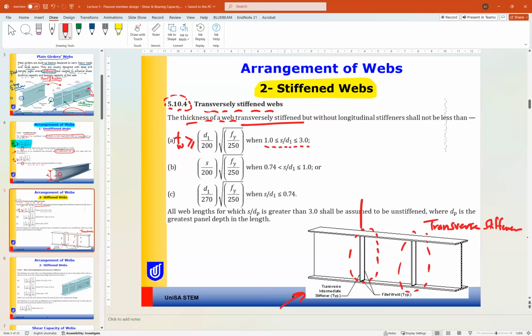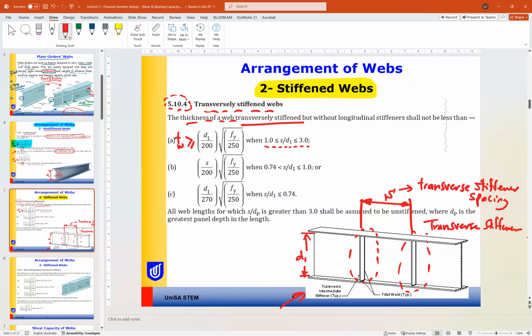S is the spacing between transverse stiffeners. So you have S, and D1 is the clear height of the web. So if S over D1 is between 1 and 3, use this value.